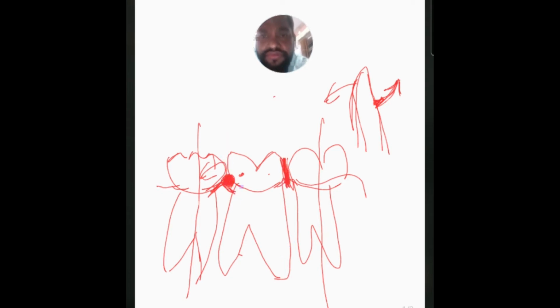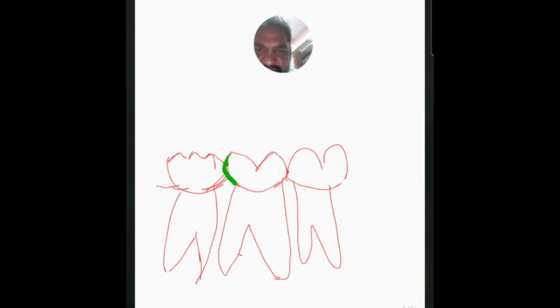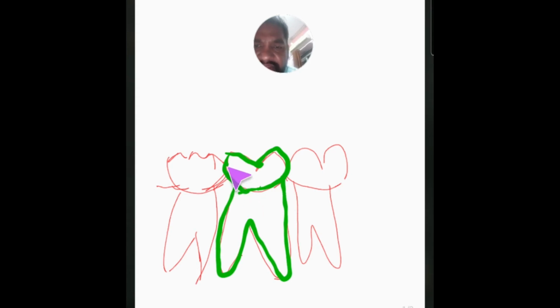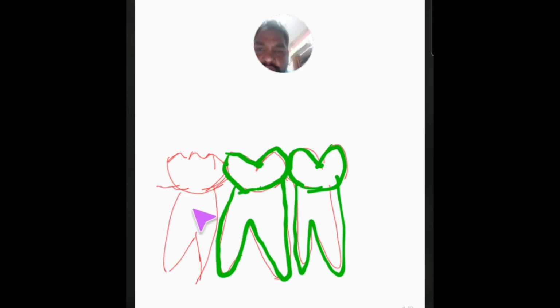This is the contact point by which this second molar is in contact mesially with the distal part of the first molar and distally with the mesial part of the third molar.